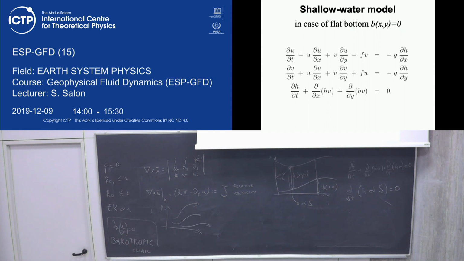So to calculate the evolution of the vorticity, I have to take, if I have three equations, 1, 2, and 3 over there, the y derivative of the first multiplied by minus, and the x derivative of the second.